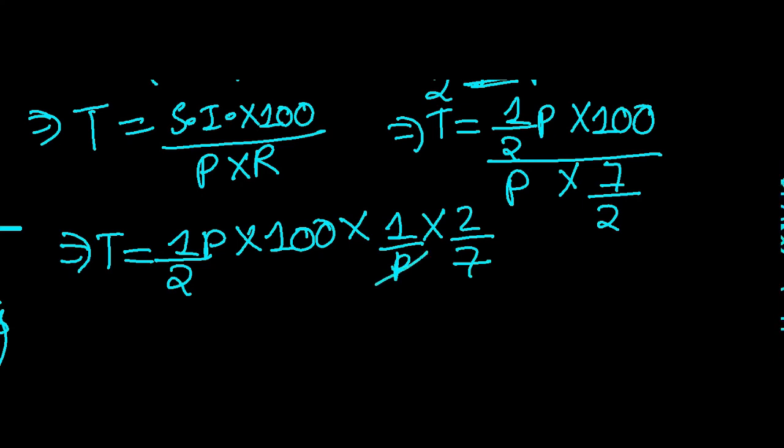So P and P are cancelled. 2 1s are 2, and now we are left with T, which is the time.